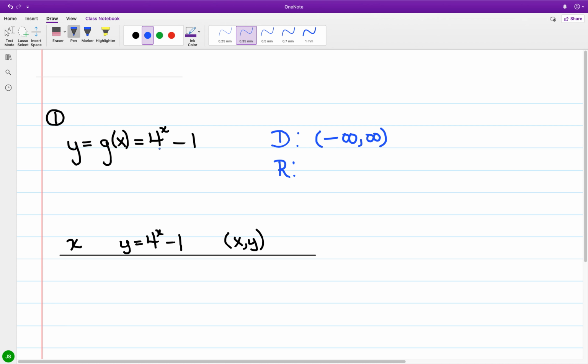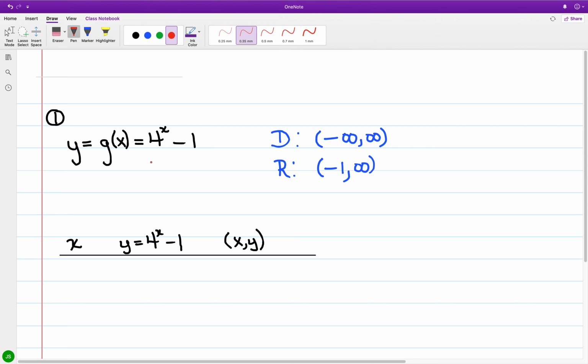So the smallest that 4 to the x can be will be the smallest positive value that exists, so it's going to be greater than 0. And if I take away 1, the smallest value for y is going to be the smallest value that is greater than negative 1. So for the range, you have those values of y that are greater than negative 1.